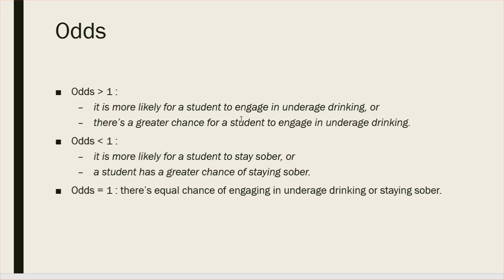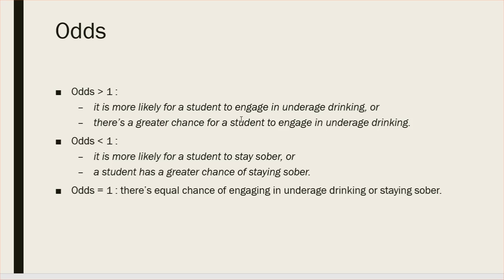In other words, if you recall from the formula in the previous slides, the numerator are the number of people with that attribute. The denominator would be the number of people without the attribute.